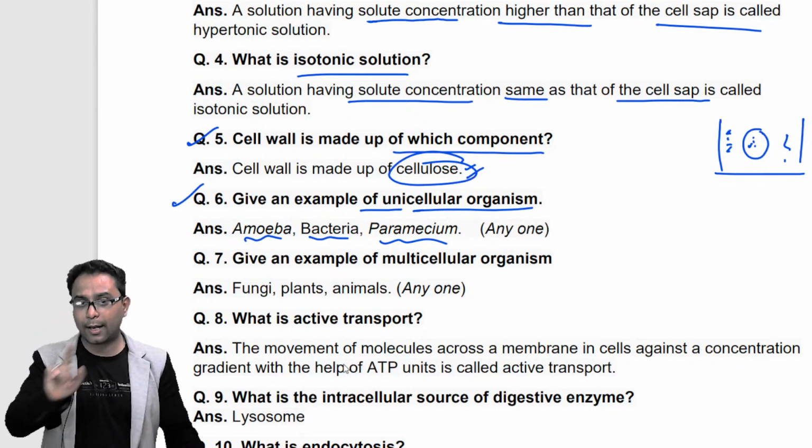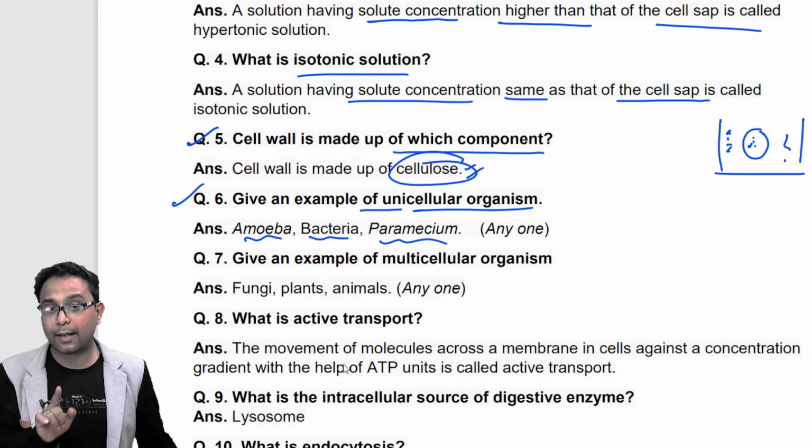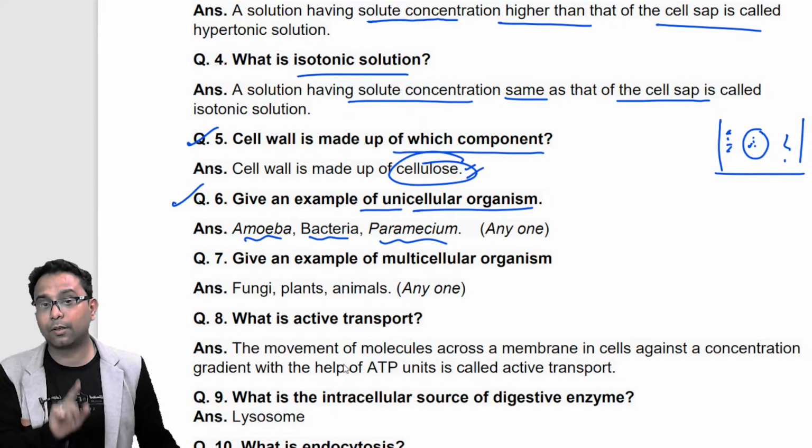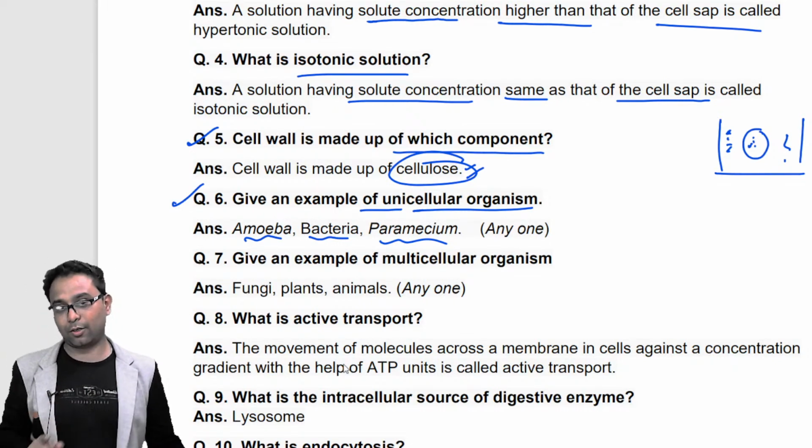Okay, next question. I tell you the answer. The bacteria is the prokaryotic cell. The amoeba and paramecium are examples of the eukaryotic cell. But all three examples are unicellular organisms.